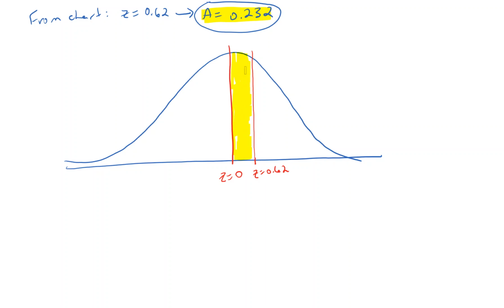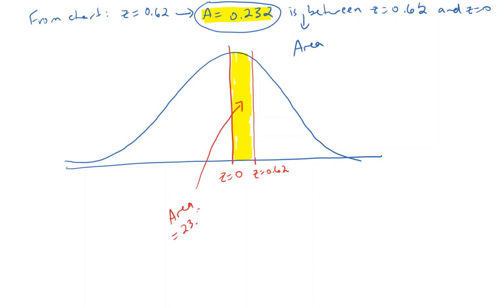So this chart gives us areas between the given z-score, in this case 0.62, and the mean, z equals 0. Sorry, I forgot to mention the word area. So to interpret that, what it means is you have 23.2% of your data between the mean and 0.62 standard deviations above the mean.